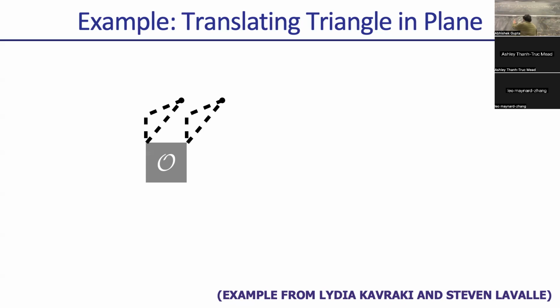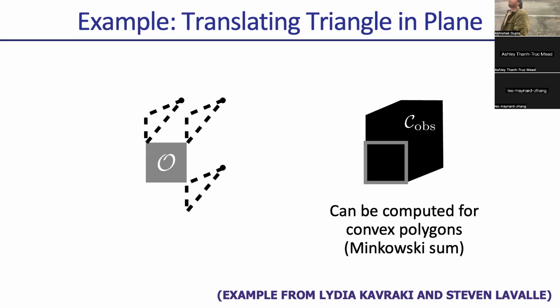Essentially you can think about it like translating this triangle all around and then trying to see for what X, Y's this thing collides with this thing. And when you draw that out, it gives you a surface that looks like that. So here's a sanity check. Put the X, Y at the top right corner of the triangle at any point inside this whole space and the triangle will be in collision with the square.